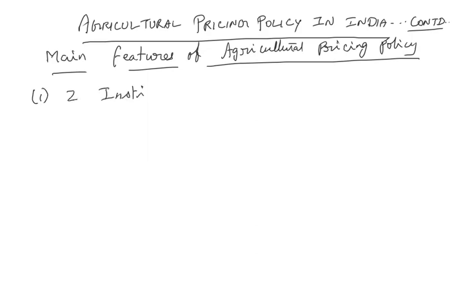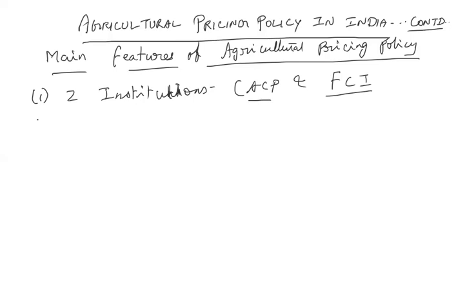One is the Agriculture Price Commission, which is now named as the Commission for Agricultural Costs and Prices, the CACP, and another one is the Food Corporation of India. The Food Corporation of India is responsible for purchasing the produce from the farmers.